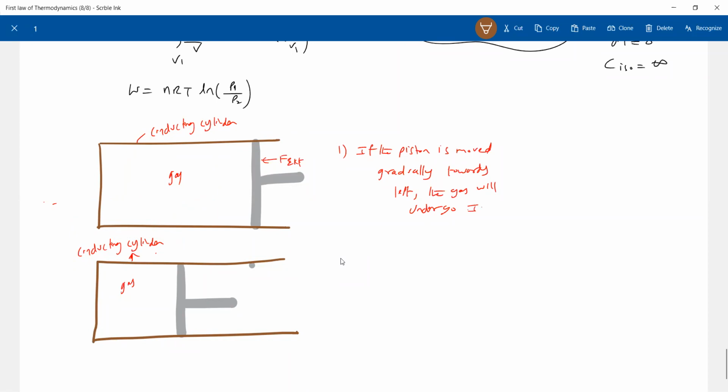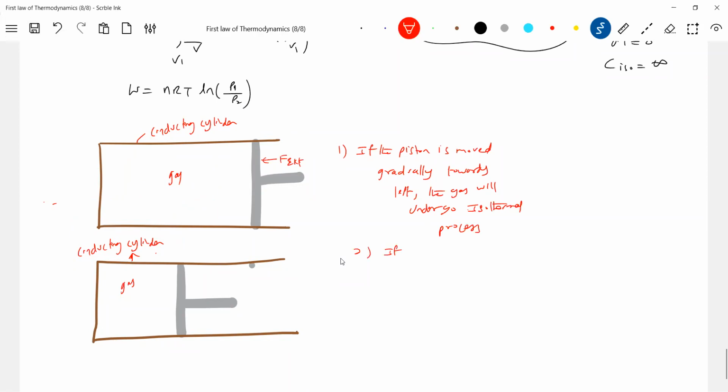And the gas will undergo isothermal process. If the piston is moved rapidly towards left, the gas will not undergo isothermal process.